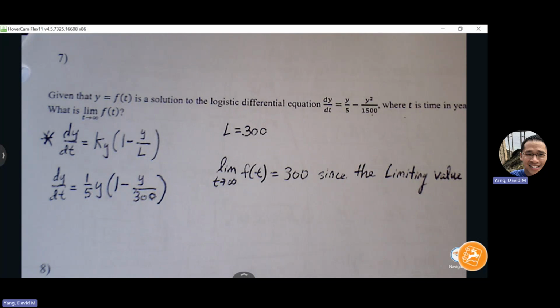Okay, number 7. Remember, you have to recall your logistic equation form, match it to that form, and pull the L, which will be your limiting value for your carrying capacity.